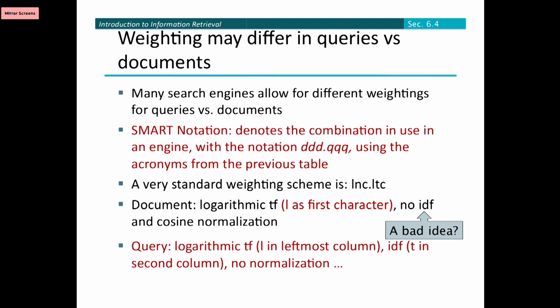Okay, and then you take cosine similarity. Or you take logarithmic inverse document frequency, and you take cosine normalization, and so on.